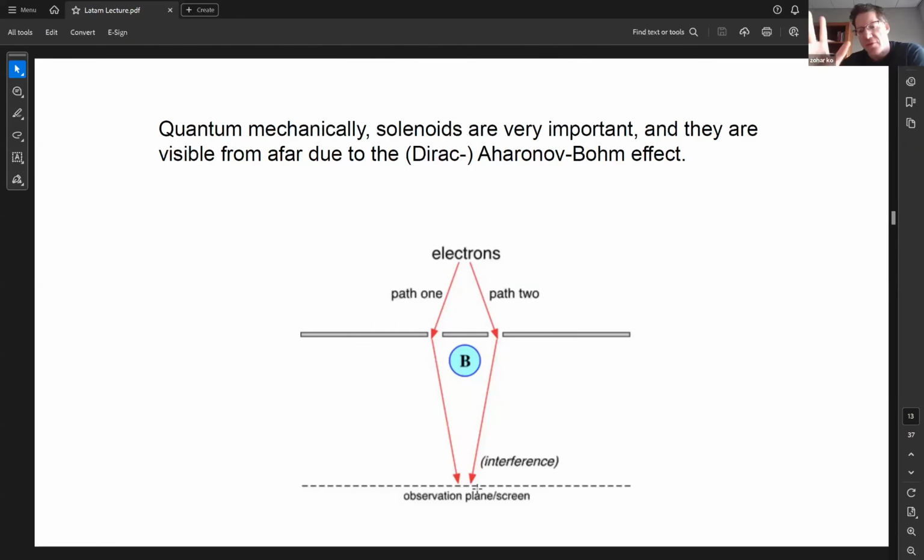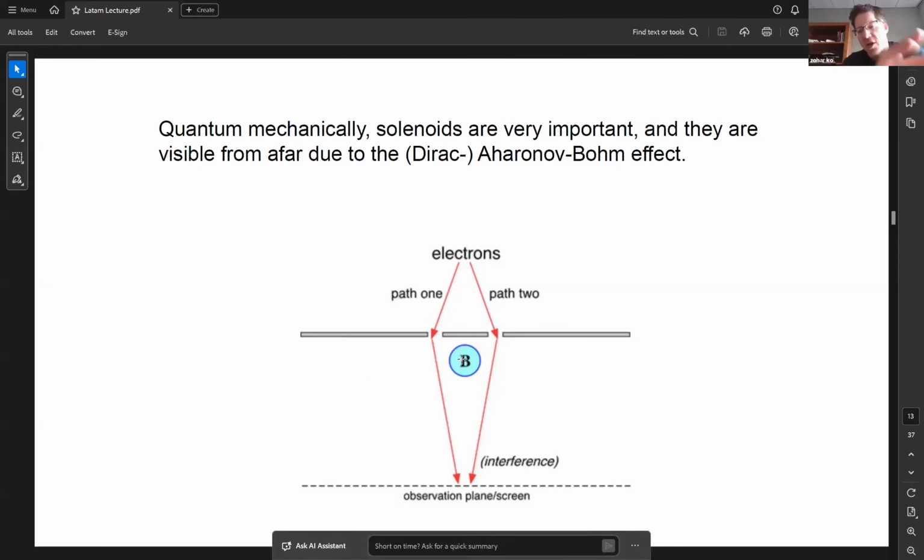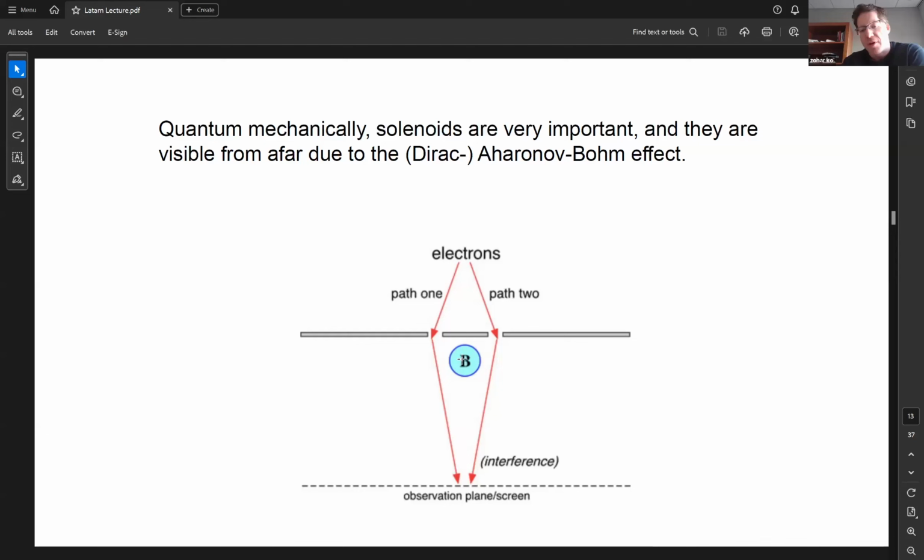We know there is this famous interference in the double slit experiment that I'm not going to review. But if you further put a solenoid, it changes the interference pattern because the phase that's accumulated by going one way versus the other way changes due to the solenoid.